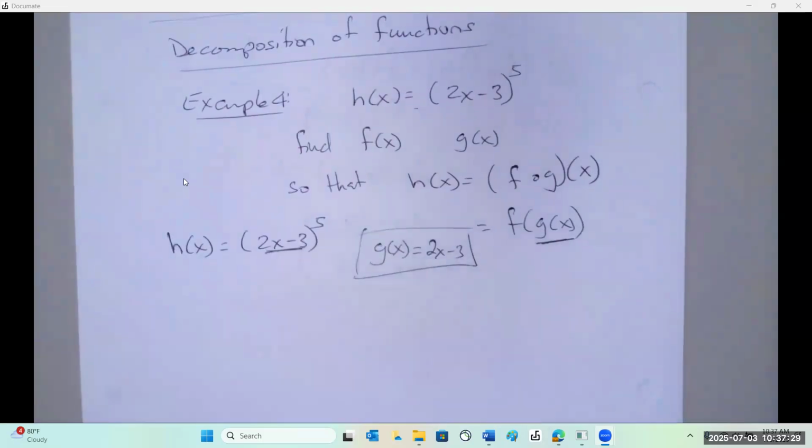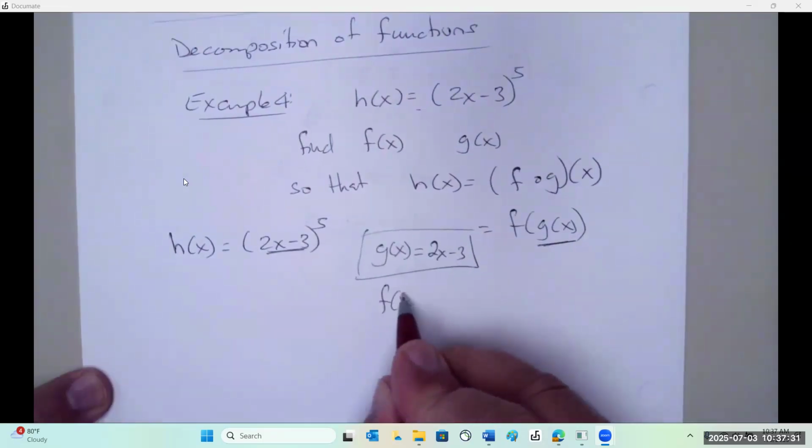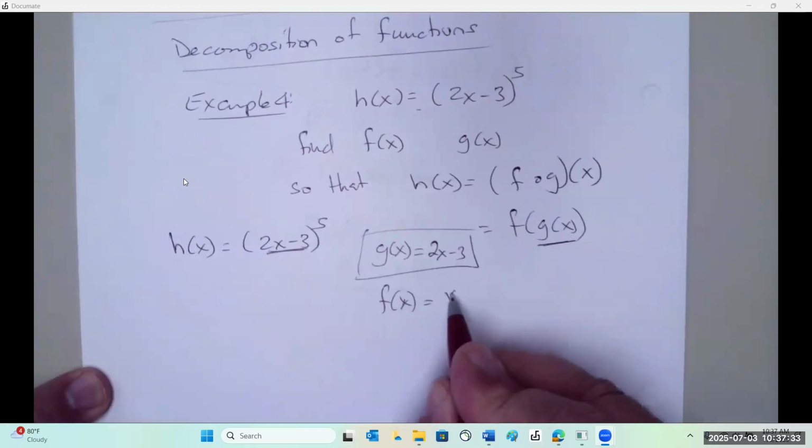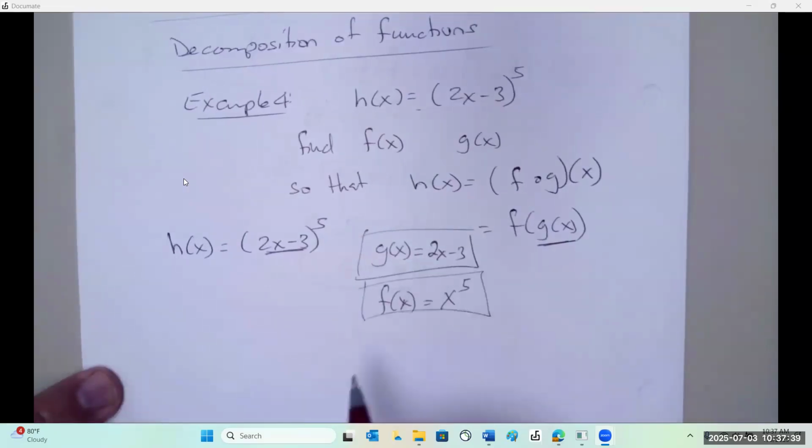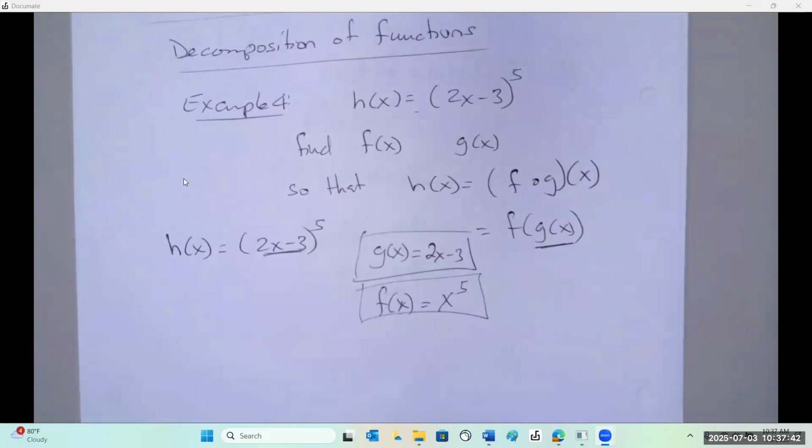Because that's inside. It's inside what? The outside function is x to the fifth. That's what this is looking for. What is the inside function? What is the outside function?